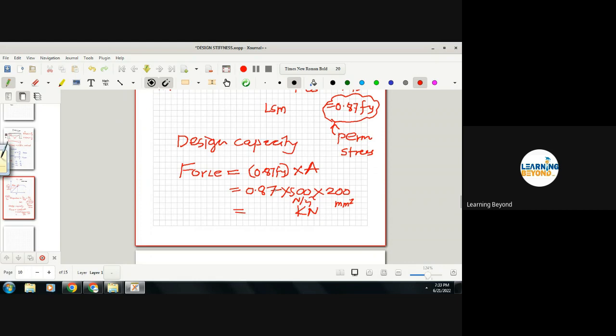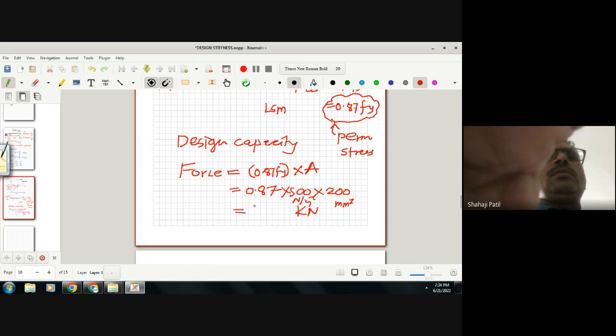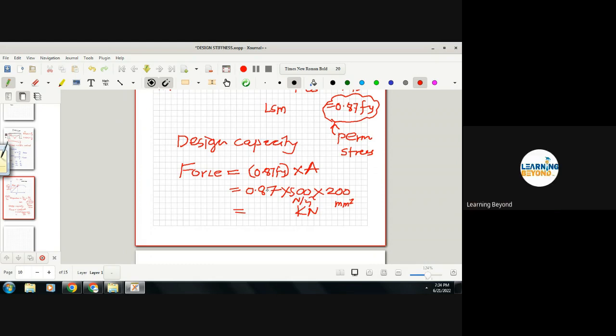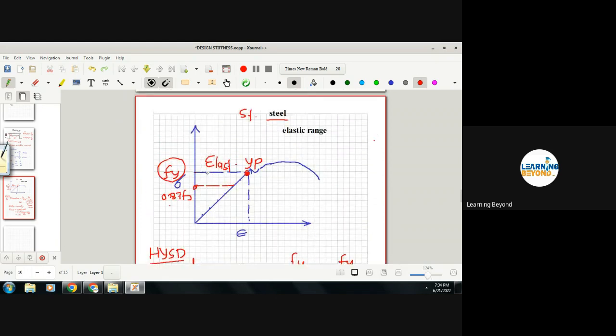So what is the force? 87 kilonewton. That means this rod can take 87 kilonewton force, and that too an HYSD bar.